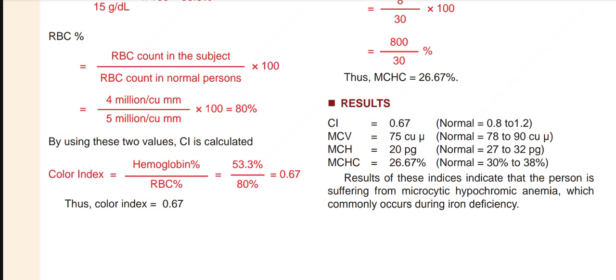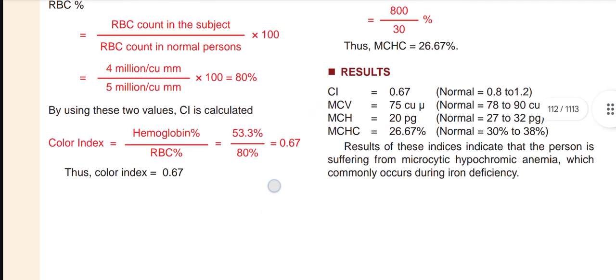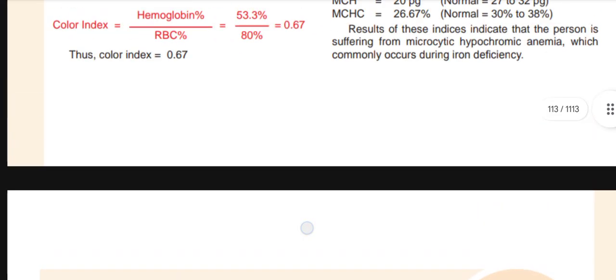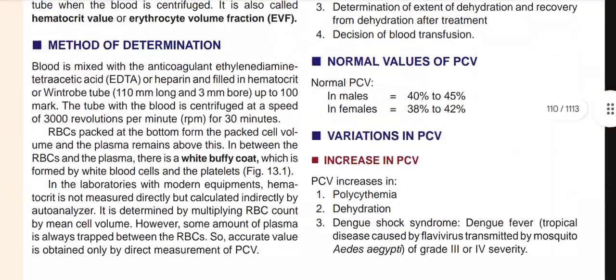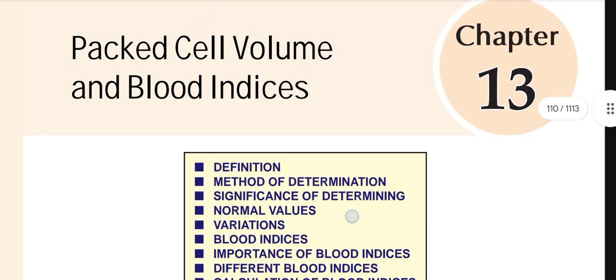It is also less. MCHC 26.67%, which is also less. 30 to 38% is normal. Results of these indices indicate that the person is suffering from microcytic hypochromic anemia, which commonly occurs during iron deficiency. So this is our today's topic, the packed cell volume and the blood indices.